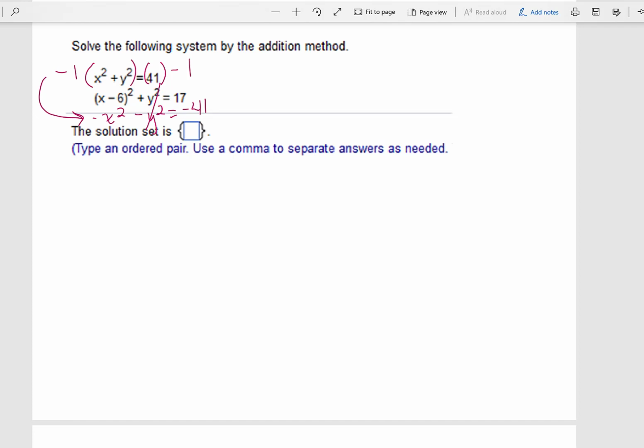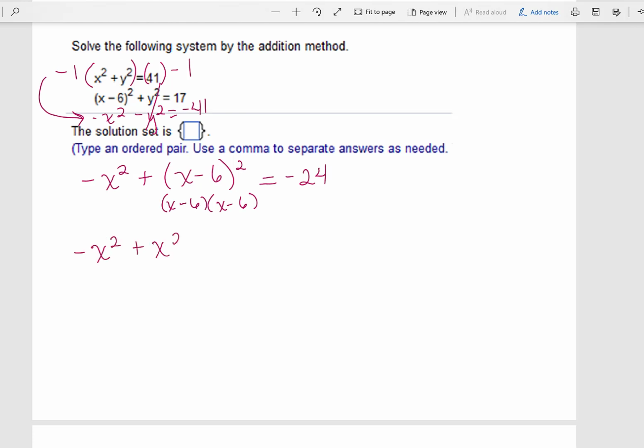Okay, so now I have negative x squared plus x minus 6 squared. You're not going to want to touch that just yet. Just leave it be. And then we can go ahead and simplify this. x minus 6 times x minus 6, what's that going to take us to?